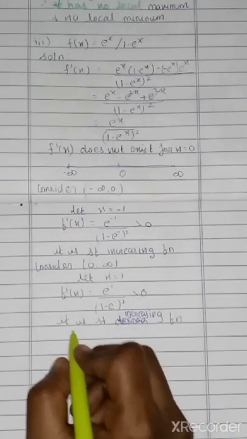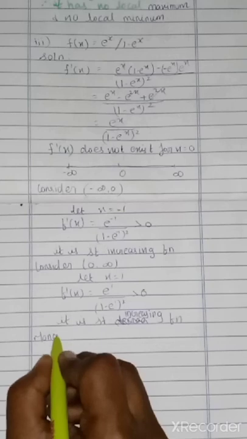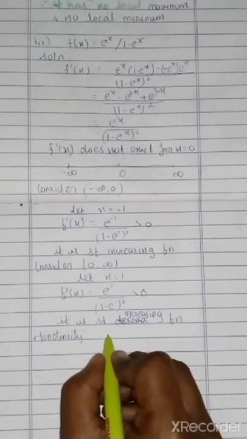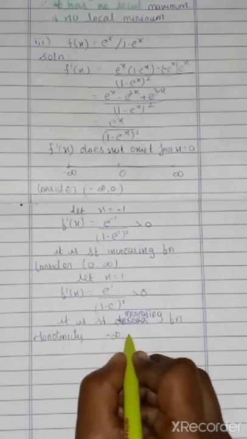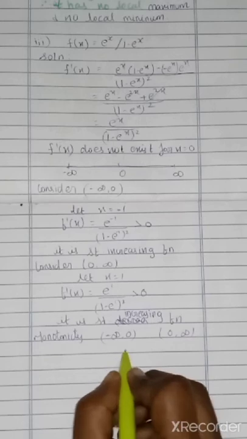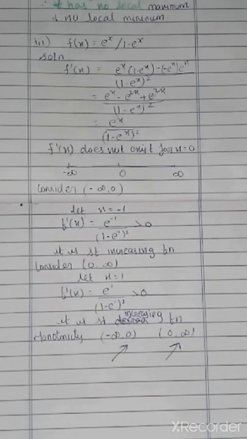Okay, next, taking monotonicity: minus infinity to 0, 0 to infinity, this is also an increasing function, this is also an increasing function.